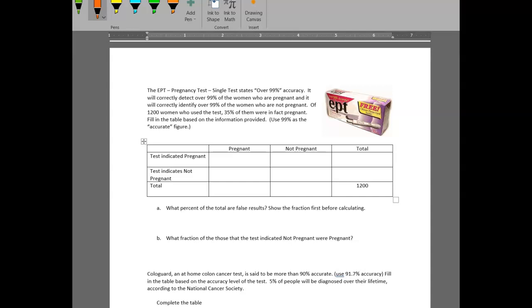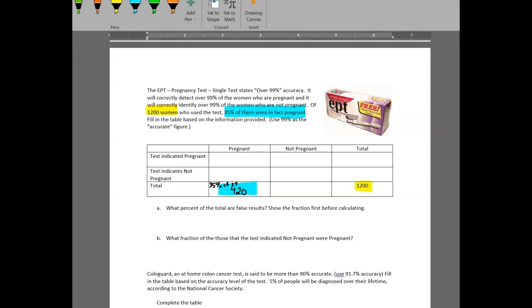So we have 1,200 women, and those 1,200 women are the total. That's where that total category comes from. Now, 35% of them were in fact pregnant, and when we make that calculation, 35% of 1,200 is 420.